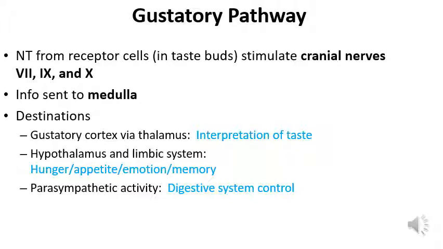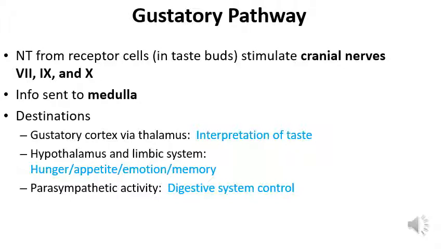So make sure you know these cranial nerves that are involved in sending this information to the medulla portion of our brain, where that information will be routed to the gustatory cortex and a number of other places. Those cranial nerves are 7, 9, and 10. And you, of course, at this point, know the names of those nerves. So the information is ultimately sent to the medulla and is routed to the appropriate destinations. Gustatory cortex via the thalamus. You remember that's kind of an integration place where I send impulses to the appropriate places in the brain.